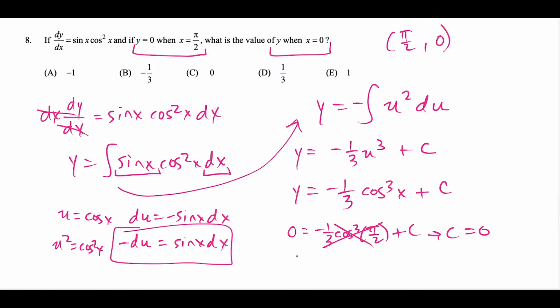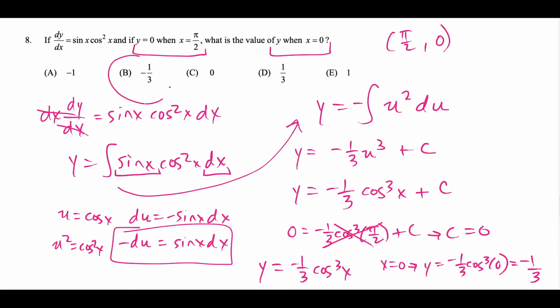So this is our general solution, but our particular solution here is just y equals negative 1/3 cosine cubed x. And what we want to do is, what is the value of y when x is equal to 0? So when x equals 0, that gives us y equals negative 1/3 cosine cubed at 0, and cosine of 0 is 1, so this is just going to work out to negative 1/3. So our answer to question 8 is going to be choice B.